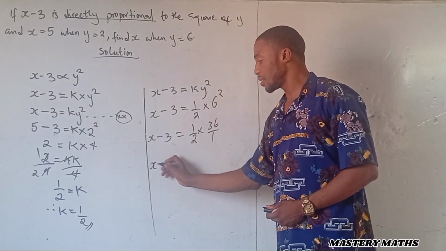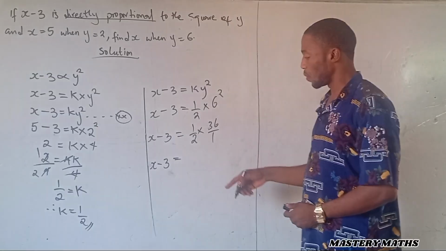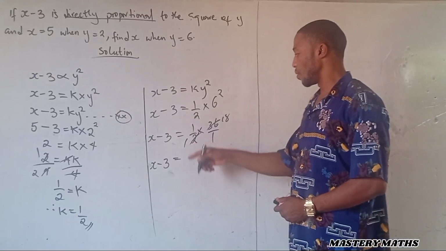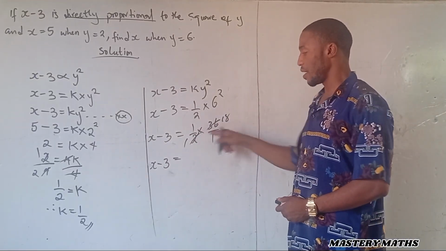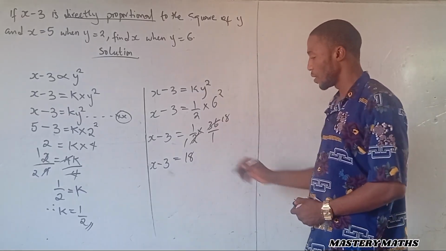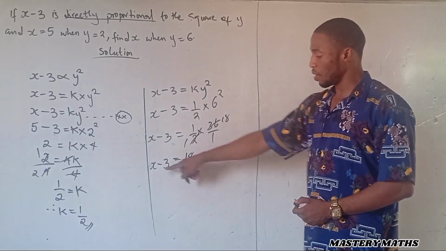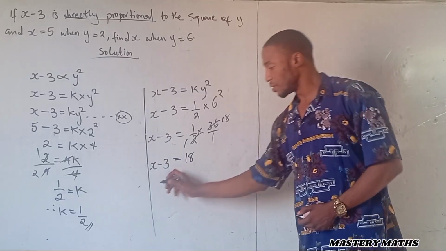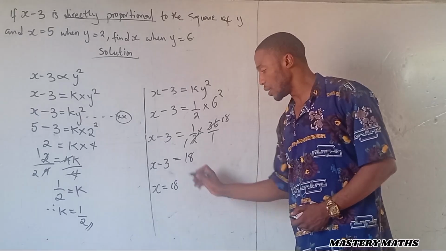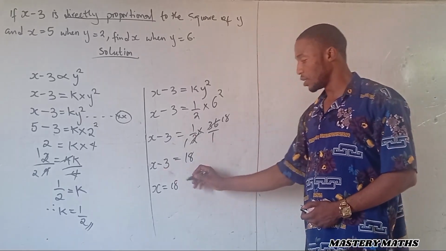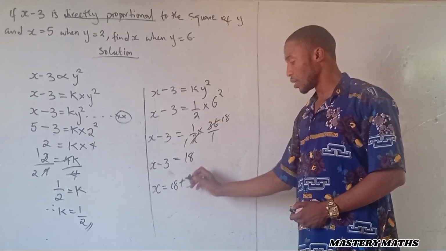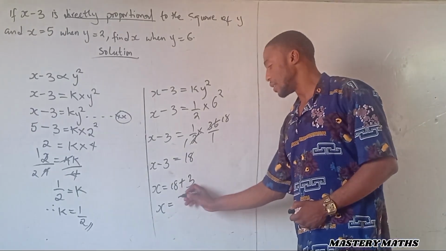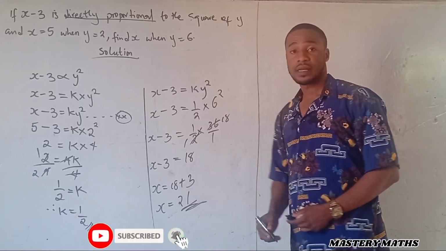So x minus 3 equals 1/2 times 36. 2 here is 1, 36 here is 18, so 1 times 18 is 18. We collect like terms, because the question said find x. So x is equal to 18. When minus 3 crosses over, it changes to plus 3. Then x is 18 plus 3, which gives you 21. That is the answer.